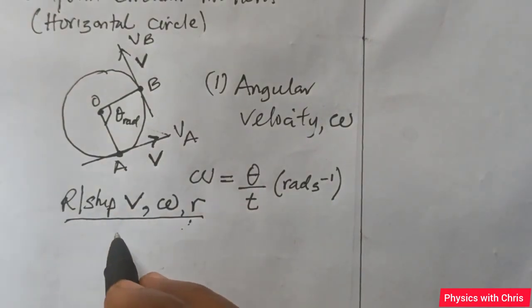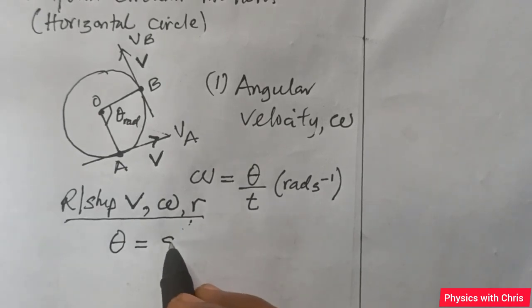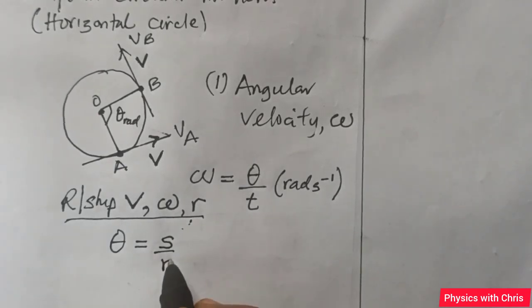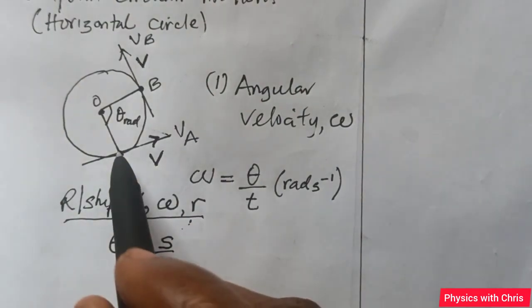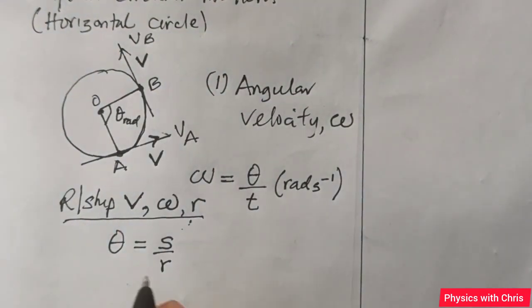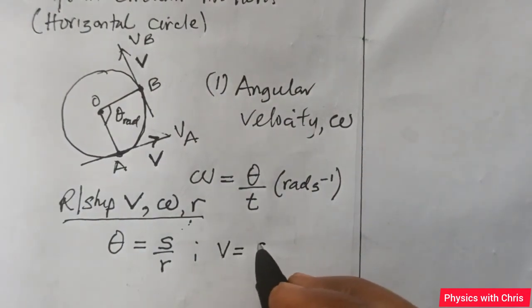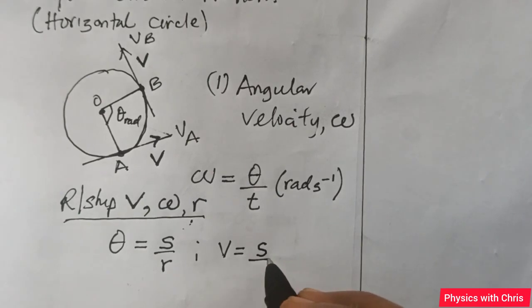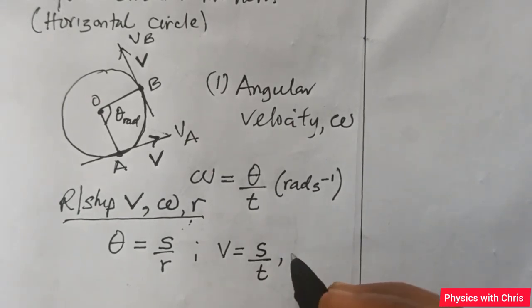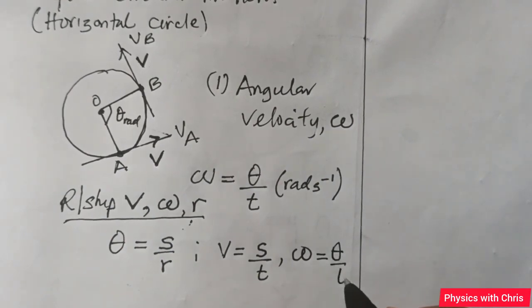Now the angular displacement is also defined as the linear distance covered, which is the arc length, distance moved from point A to point B along this arc, divided by the radius, and that the linear speed is linear distance over time, and that the angular velocity is angular displacement over time.